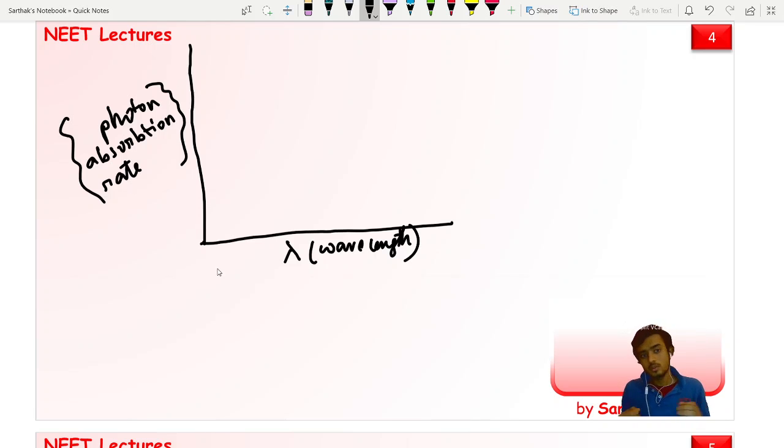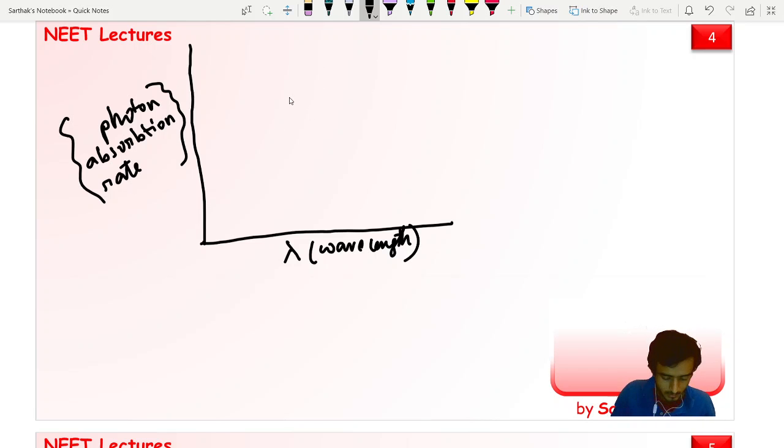So the absorption spectrum, or the photon absorption rate versus lambda graph, will be drawn separately for different pigments. There will be one graph for one pigment.